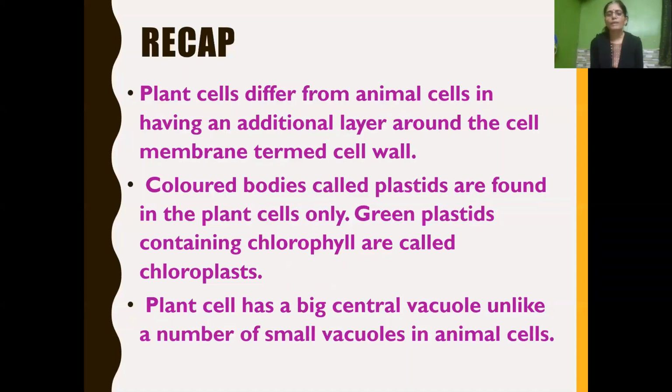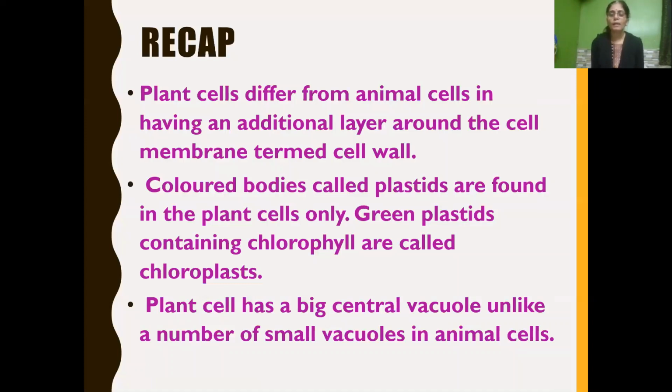In this session, we have compared how a plant cell differs from an animal cell in having an additional layer around the cell membrane termed the cell wall, and colored bodies called plastids which are present only in plant cells. Green plastids containing chlorophyll are called chloroplasts, which are essential for the preparation of food by photosynthesis only in plant cells. And the plant cell has a big central vacuole, unlike the animal cell, which has very small vacuoles, many in number. And then we have compared both plant and animal cells.